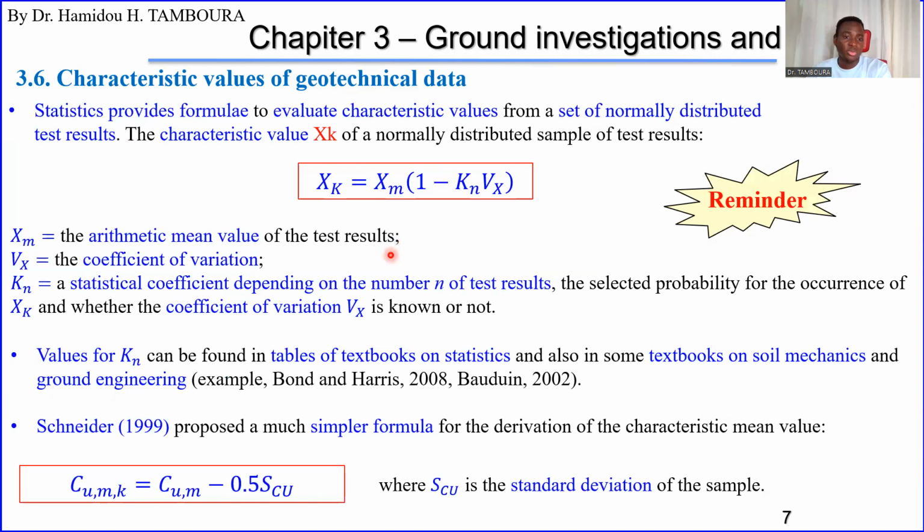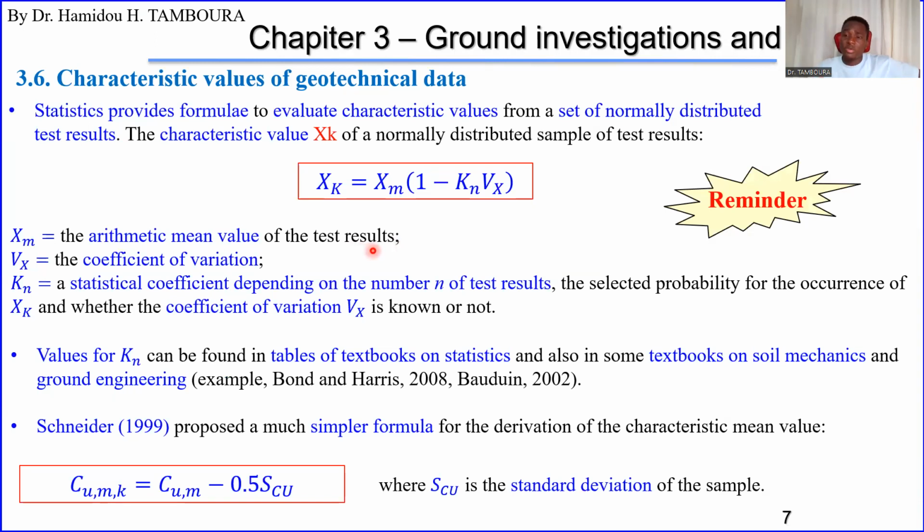I want to remind you also of these two formulas. In the previous video, we talked about how to obtain characteristic value using statistics. Xk is the characteristic value, Xm is the arithmetic mean value.